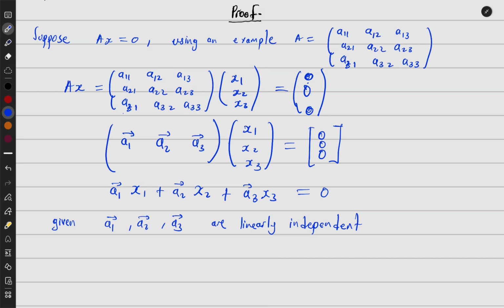If they are linearly independent, then the only way we can have such a situation is if x1, x2 and x3 are all equal to 0.